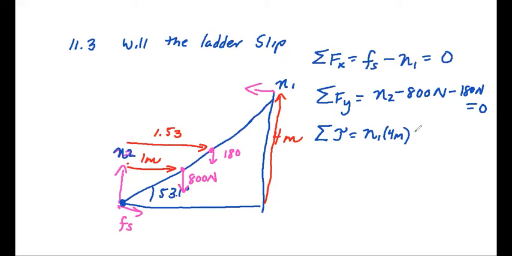Then you're going to have these clockwise torques, which are going to be negative: minus 180 newtons for the weight of the ladder, centered at the center of gravity or center of mass, which is smack in the middle, having a lever arm of 1.5 meters. Also minus 800 newtons, times 1.0 meters.